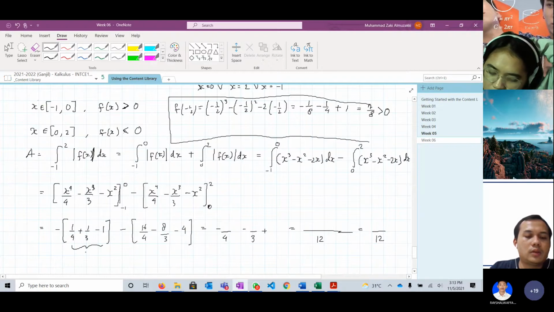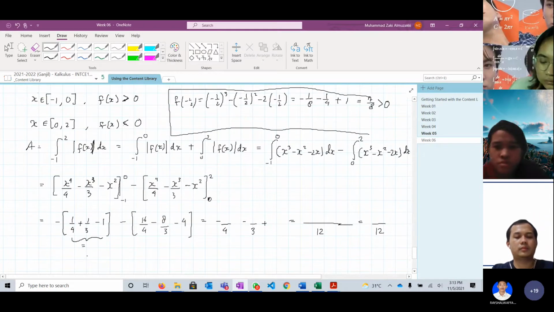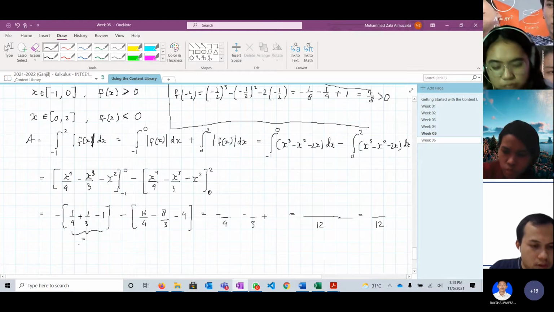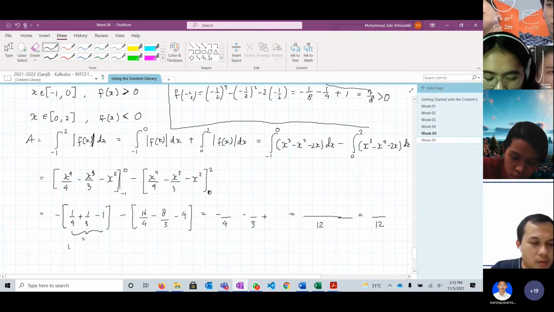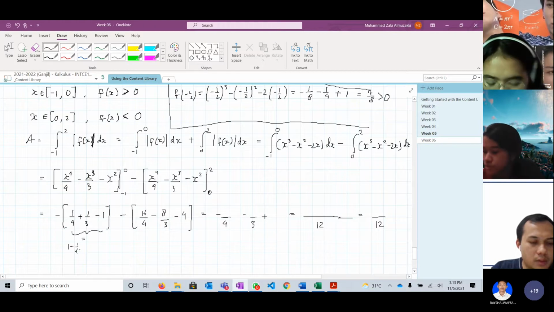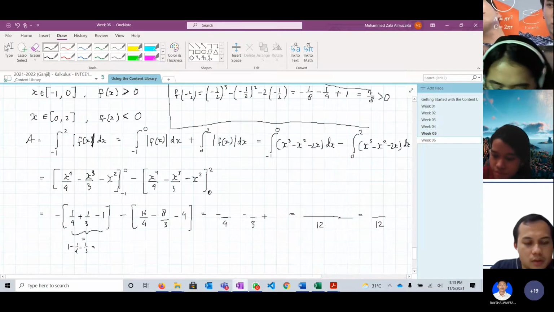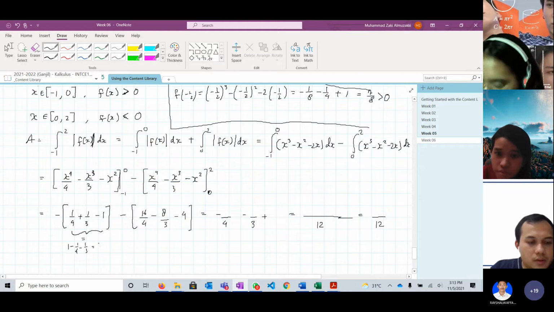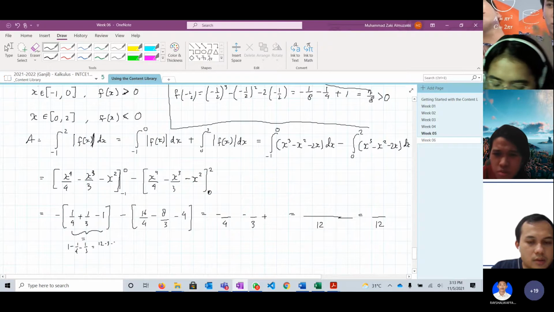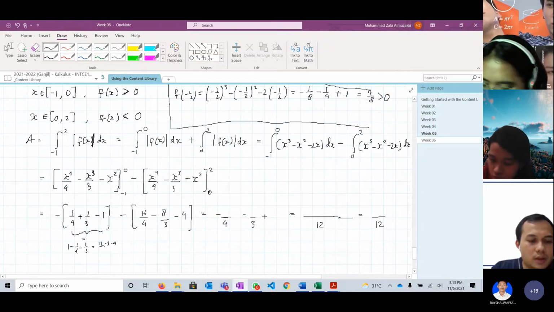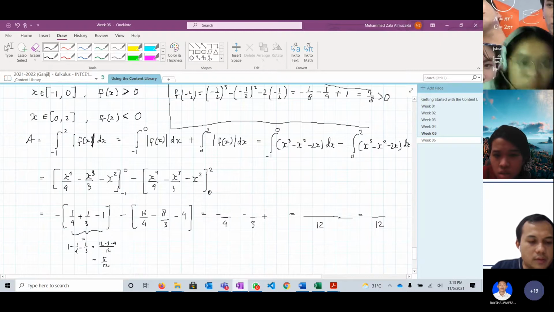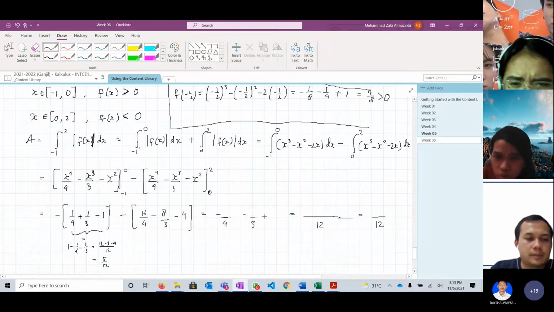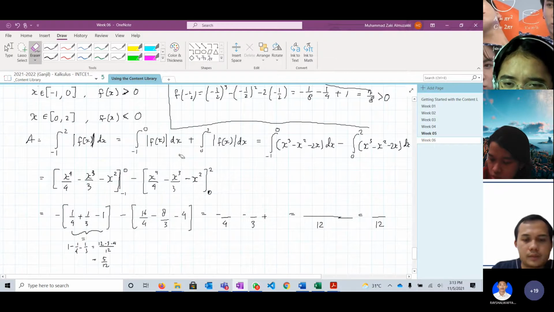So this guy is equal to 1 minus 1/4 minus 1/3, which is equal to 12 minus 3 minus 4 over 12, which is equal to 12 minus 7, 5/12. So there should be no more minus.